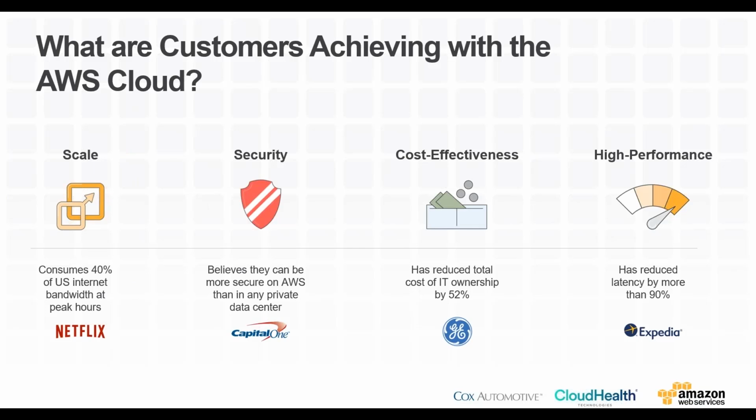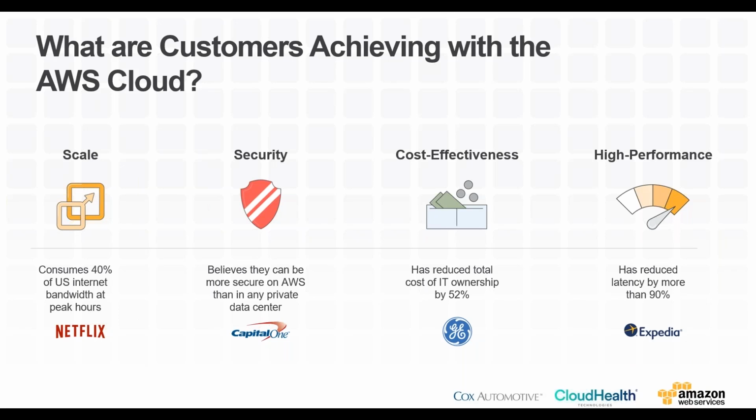So when it comes to migrating to AWS and what customers are achieving, they're really doing some amazing things. Customers, again, look to AWS because of things like agility, cost savings, elasticity, and the breadth of functionality around our services that help them deploy globally in minutes. You see a number of examples there, but just to touch on one, when it comes to scale, Netflix is a great example of what can be done on AWS, considering that Netflix consumes 40% of the US internet bandwidth at peak hours.